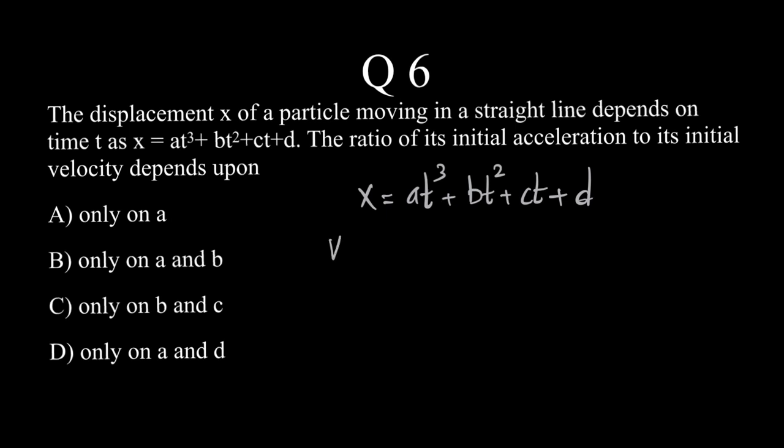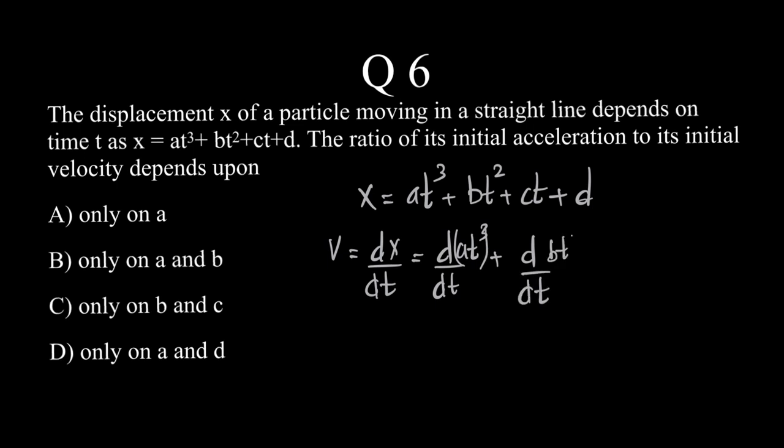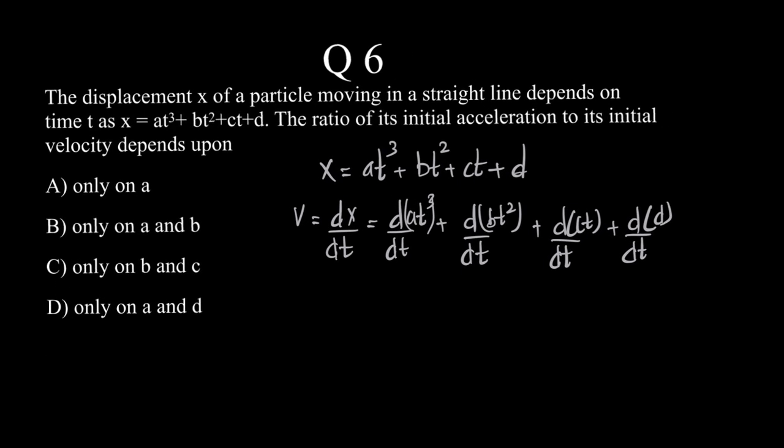So we know that v is equal to dx by dt or d by dt of x, which is equal to d by dt of at cube plus d by dt of bt square plus d by dt of ct plus d by dt of d.